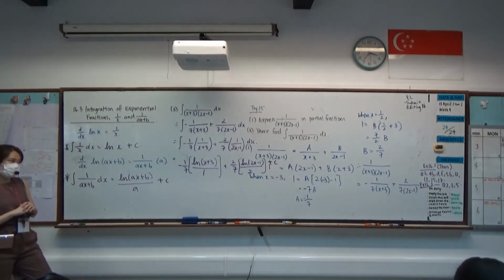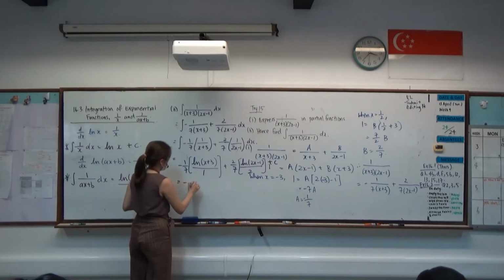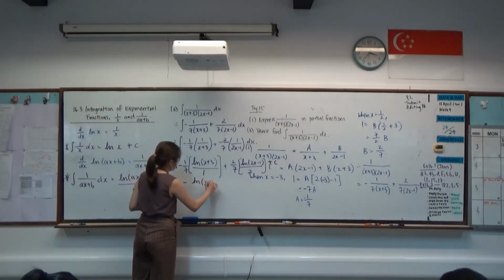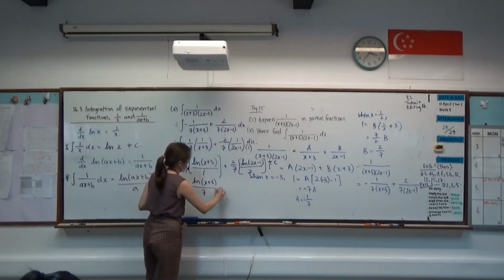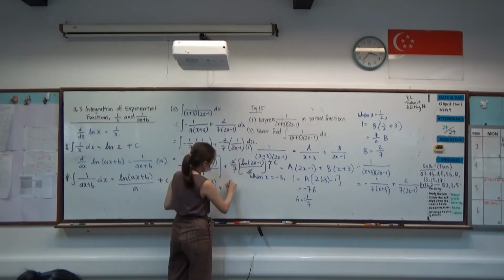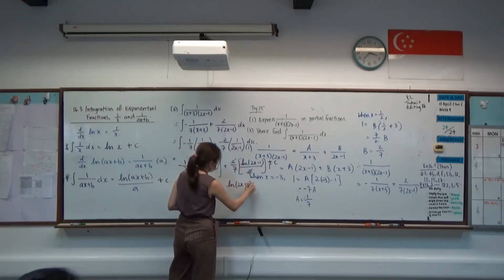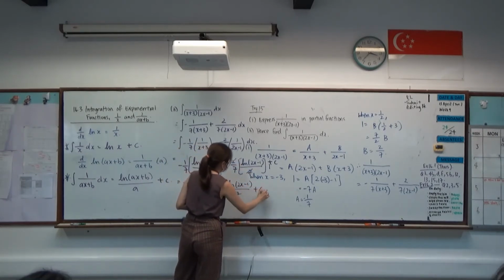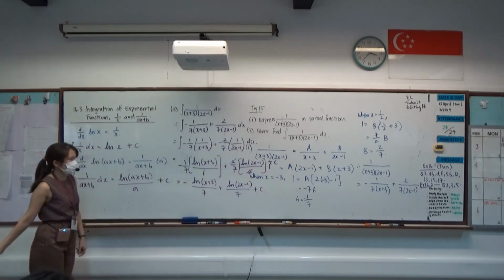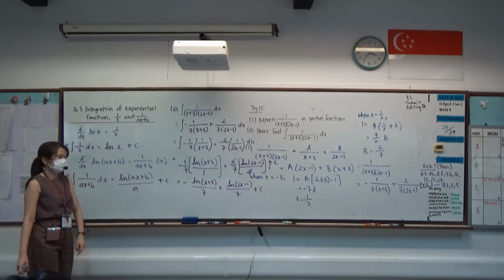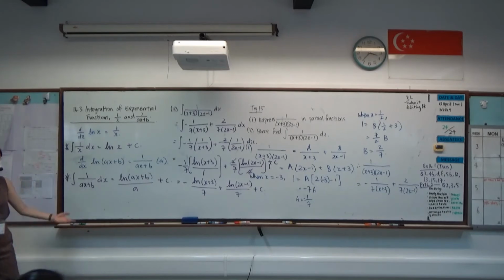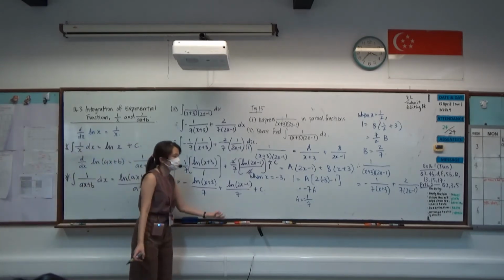Okay, then simplify. This can cancel. Sorry that it's a bit messy around the corner. If you want to, you can combine it to the same fraction since the denominators are both the same.